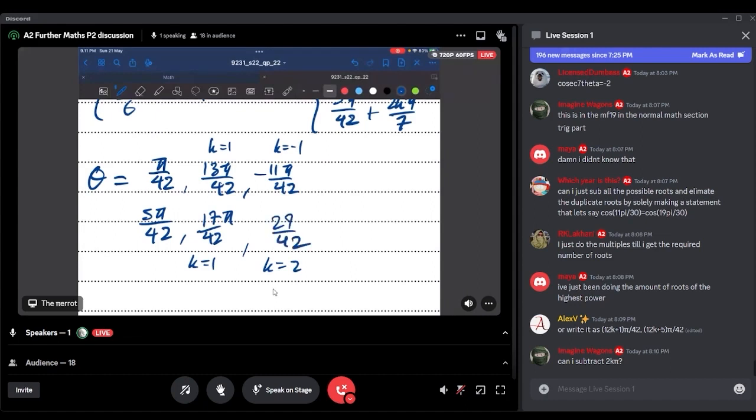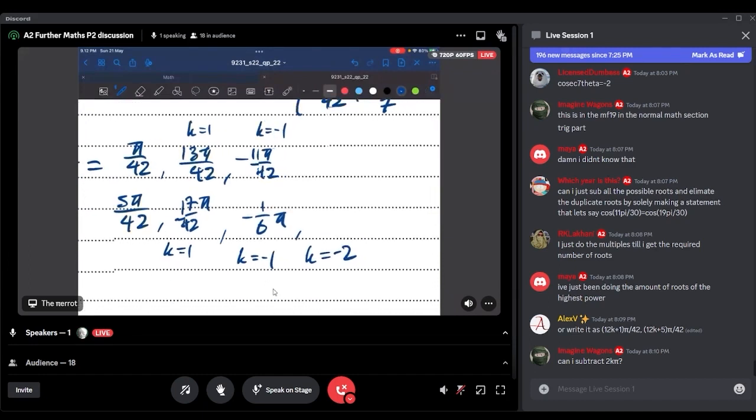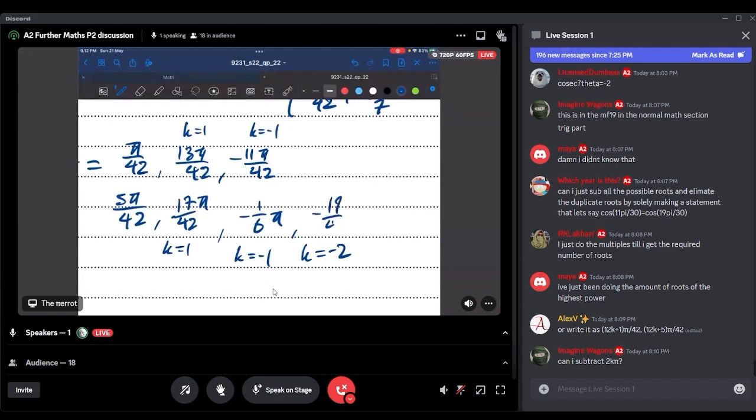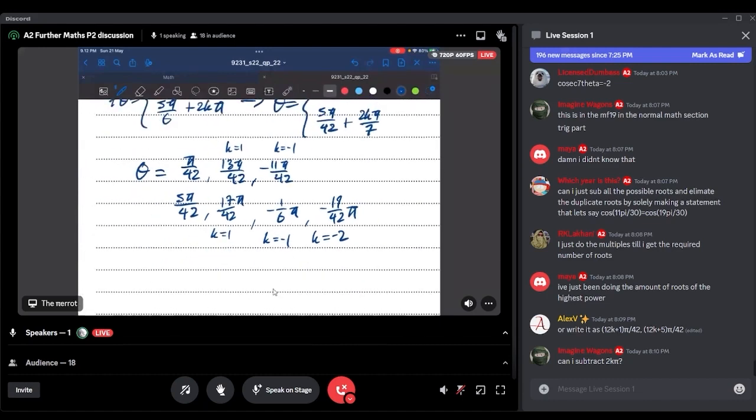Let's go backwards now. When k is minus 1, you get negative 1 by 6 pi, which is fine, not over negative pi by 2 yet. Let's subtract one more: negative 19 over 42, which is okay because it's not over 21 over 42 pi. These are all your theta.